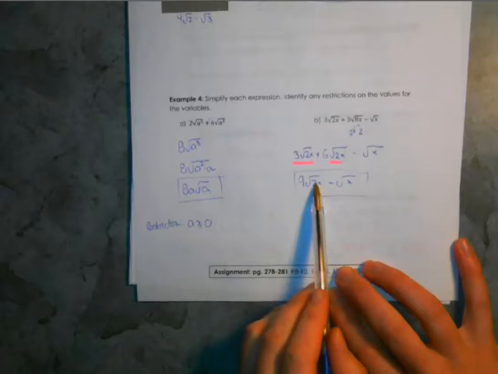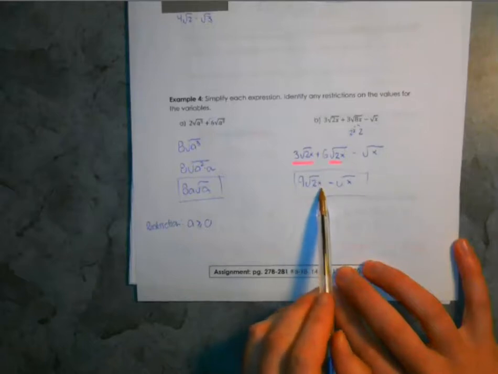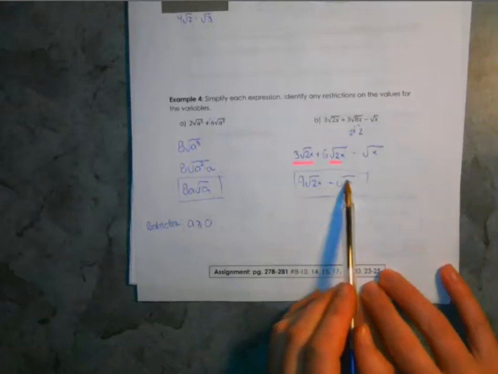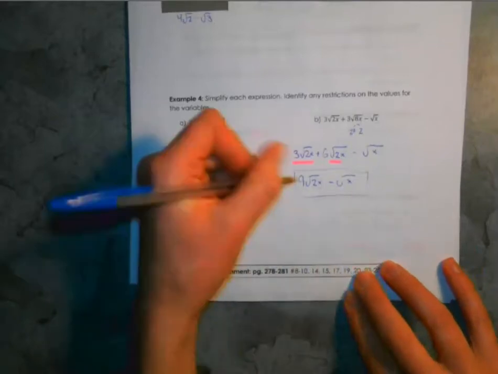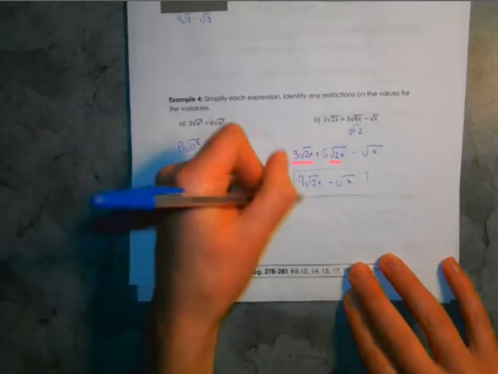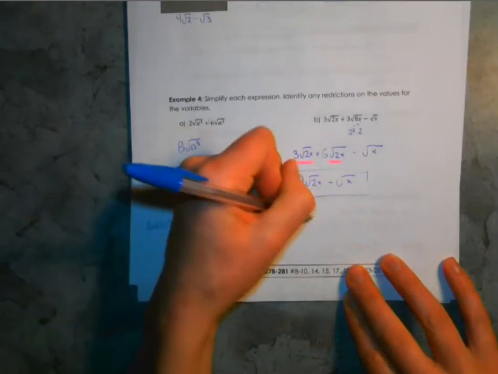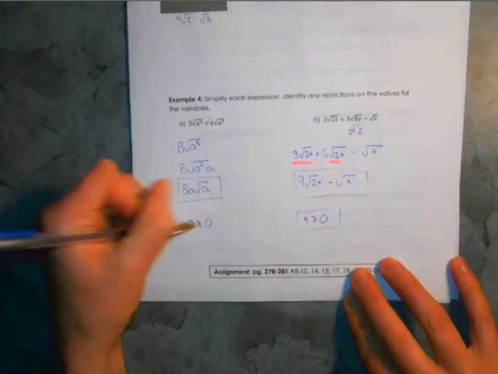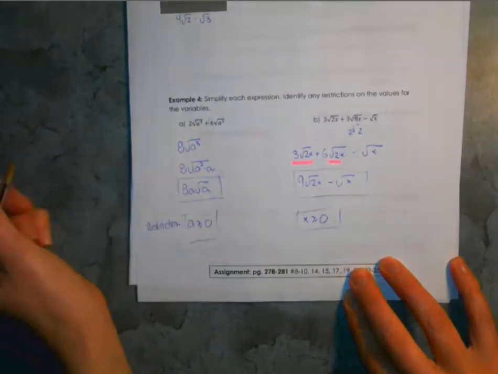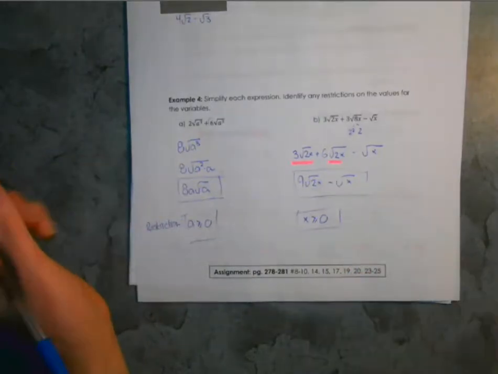So as long as x isn't less than 0, this one will be fine. And because this is just a variable, the exact same thing, if it's 0 or above, then we're good. So we can state the exact same restriction for this one, which is that x has to be greater than or equal to 0. Okay, so those are our answers for those.